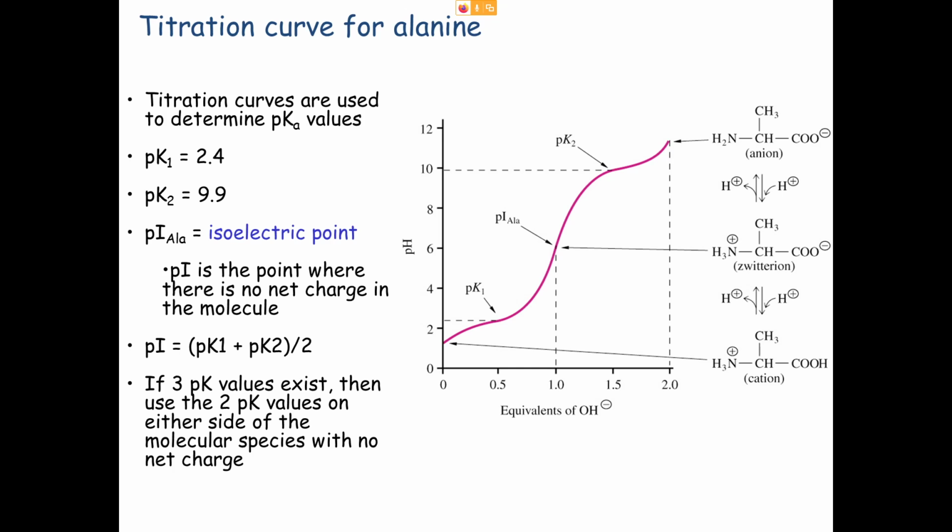So if you look at our graph here, what we're graphing is the pH of a solution with alanine in it, and I keep adding base. The alanine is acting as a buffer, resisting the change in pH. If you follow the curve, as I add hydroxide, if alanine was not there, the pH would just keep climbing linearly.